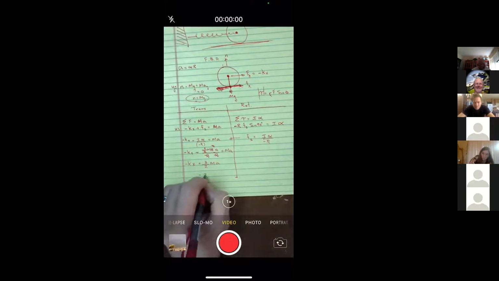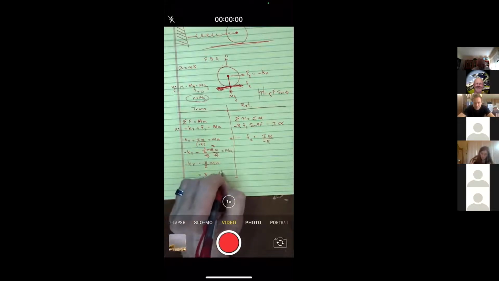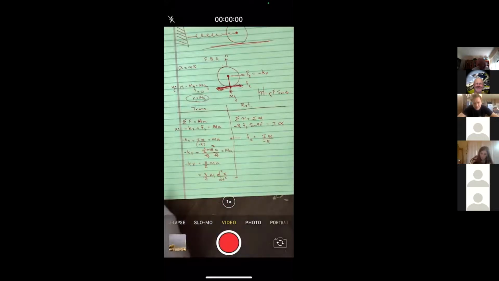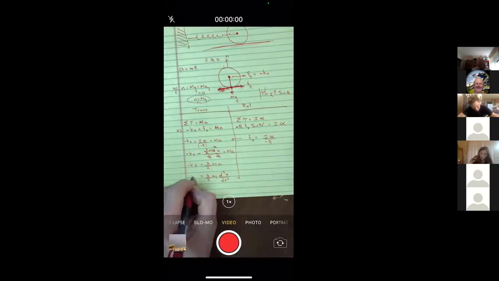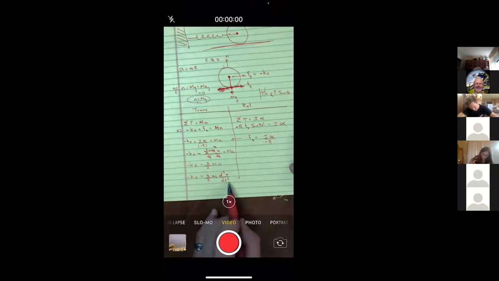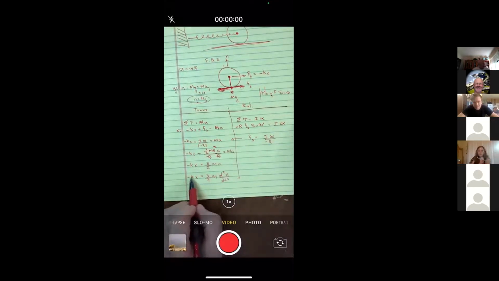Now, to get to the answer, I need to find the period. And to find the period, I need to get the omega. And to get the omega, I need an equation that looks like second derivative of something equals a negative and a bunch of gobbledygook, which we would call omega squared, and then the x back again. And that's exactly what I have.